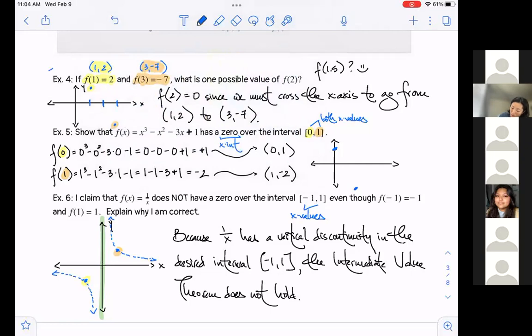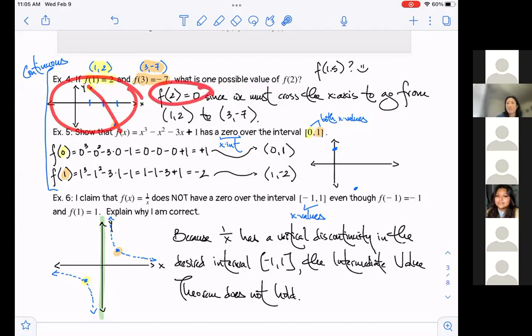So if I had done a better job writing these questions, I would have stated that the functions were continuous. Okay. So to be more clear, I would say, given f of x is continuous and we have these, what is one possible value of f of x? And the fact that I tell you it's continuous in the beginning means, oh, you can draw a picture. Does it look like we have to cross the line? Yes, it does. Then we're guaranteed to get a 0 out at some point.